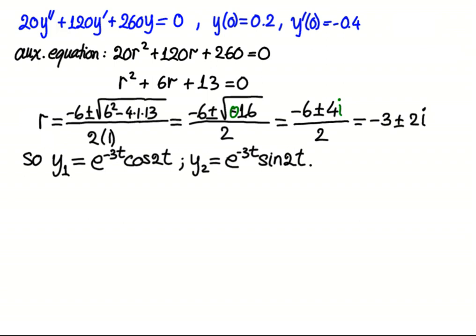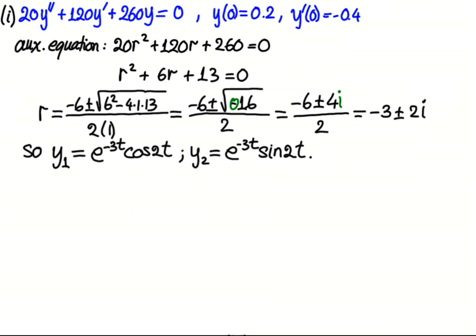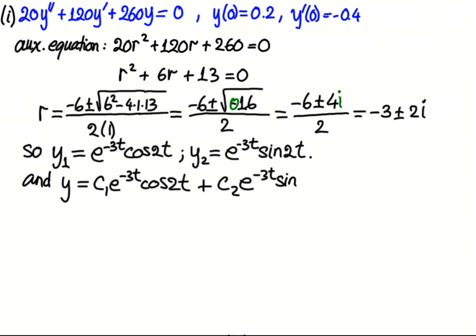This is the first part of the question. All right. So the linear combination is the solution, and we have y equal to c1 e to the negative 3t cosine of 2t plus c2 e to the negative 3t sine of 2t. And so that is the general solution. Now we will use the initial condition.